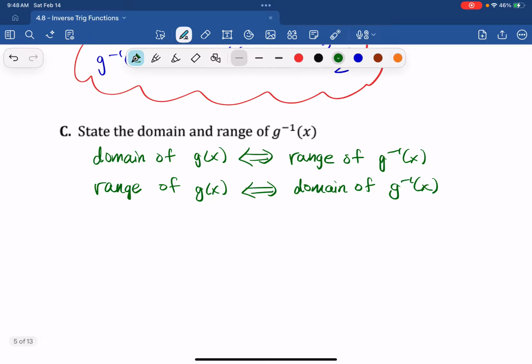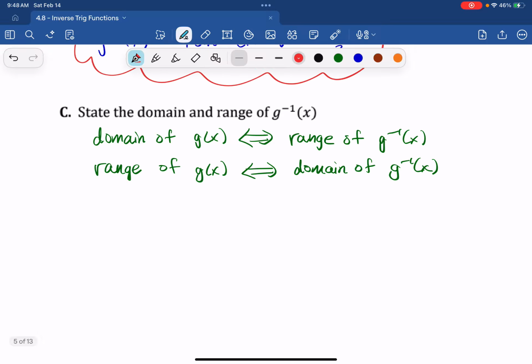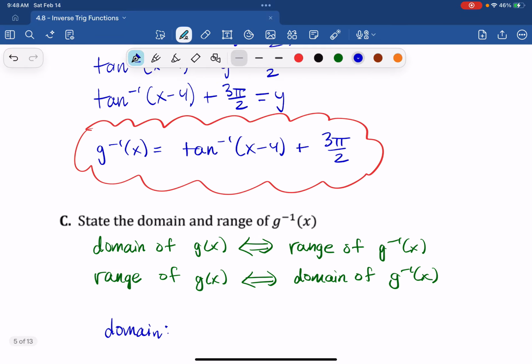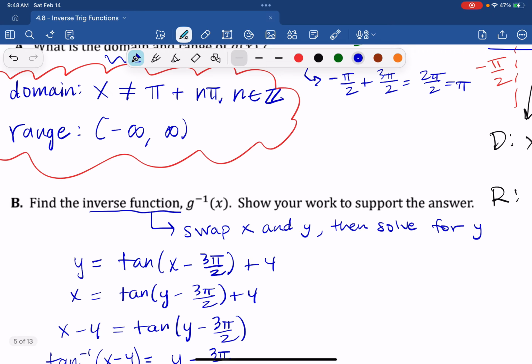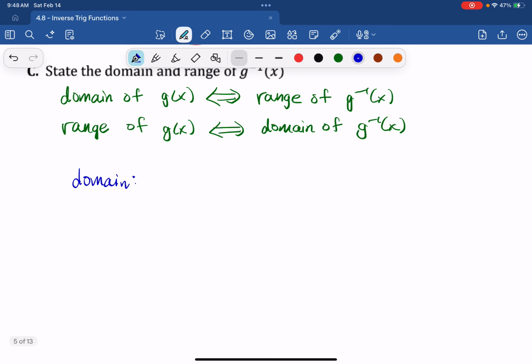All right. So if I want the domain of g inverse, I need to figure out what's the range of g. So the domain of g inverse is the range of g. What's the range of g? The range of g was just all real numbers. So that would be my domain of g inverse.